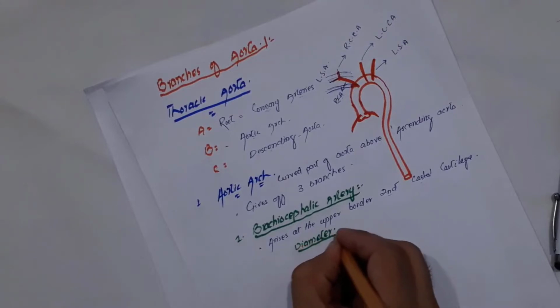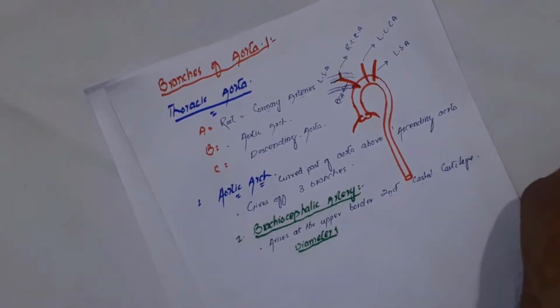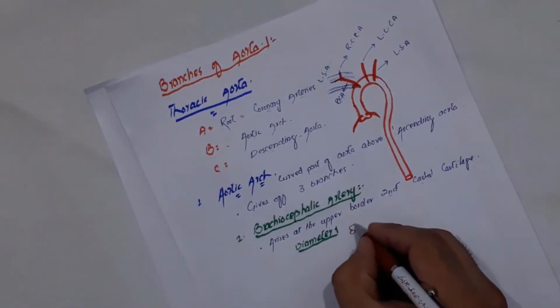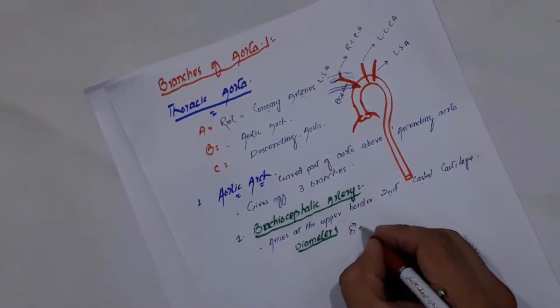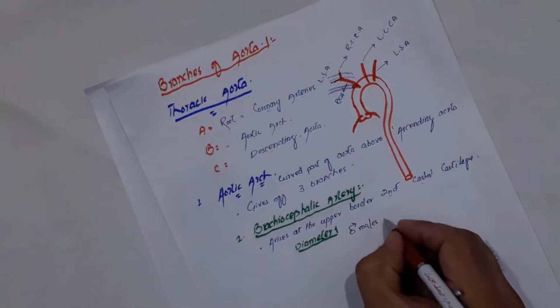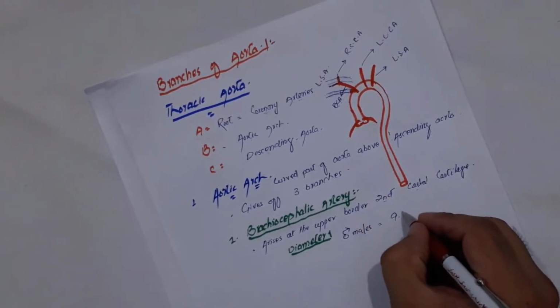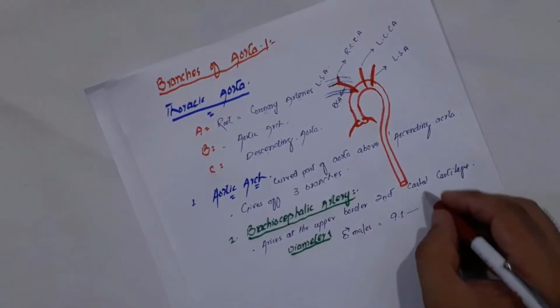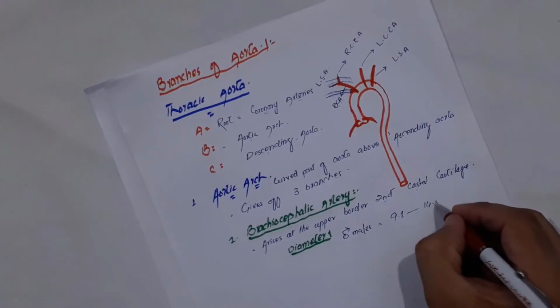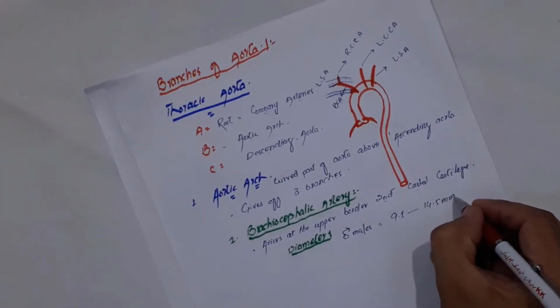The diameter of the brachiocephalic artery, in case of males, is about 9.1 to about 14.5 millimeter, right?